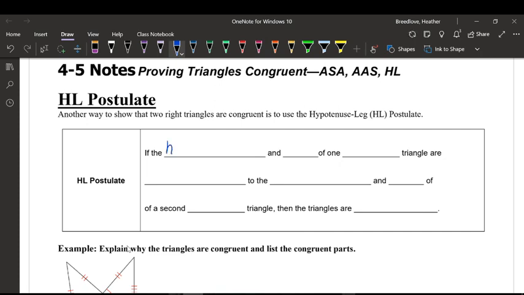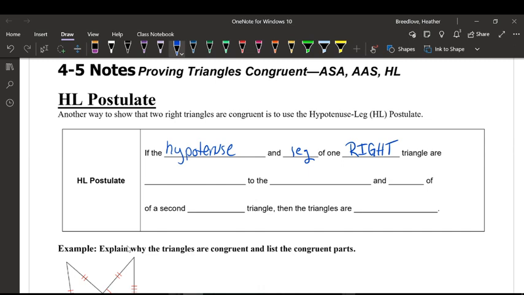If the hypotenuse and leg of one right triangle, so this is only for right triangles. You only have a hypotenuse when you have right triangles. Hypotenuse is the long side across from 90 degrees.